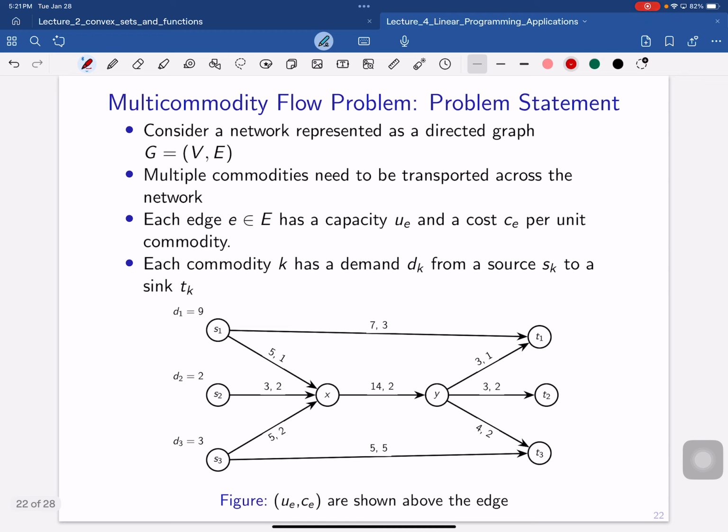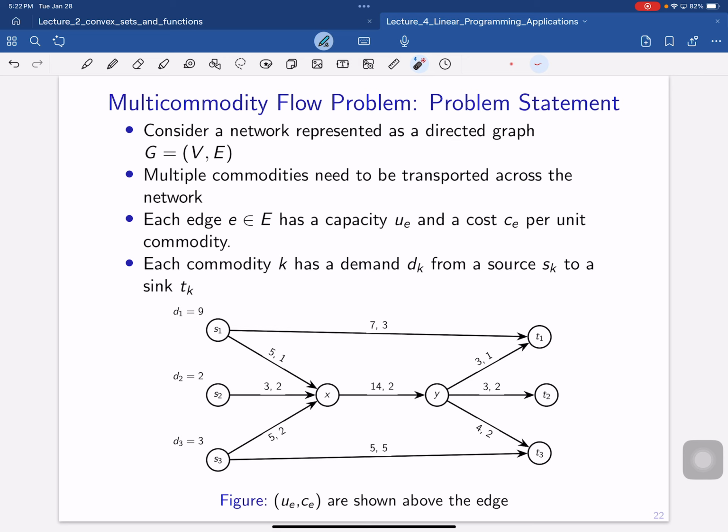Now there is another application of linear programs I would like to talk about briefly, called the multi-commodity flow problem. This problem is quite commonly used in transportation and in telecommunications. So let's assume you have a network represented as a directed graph.